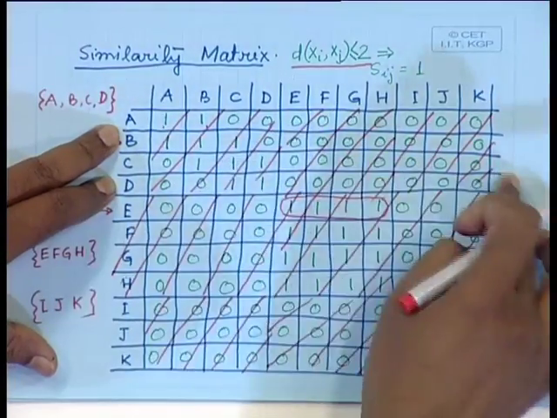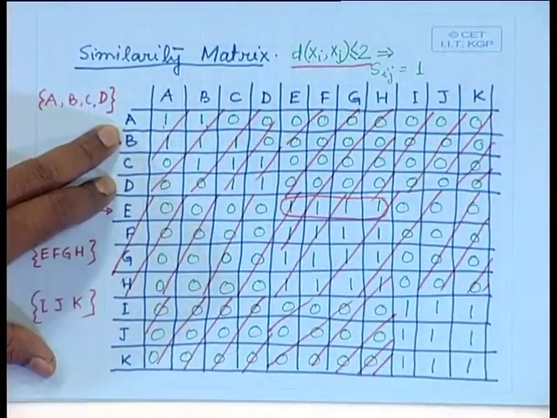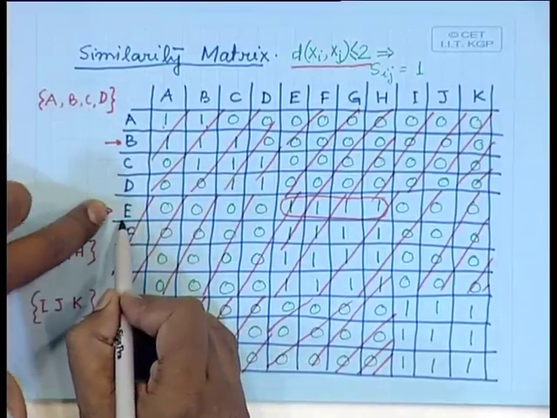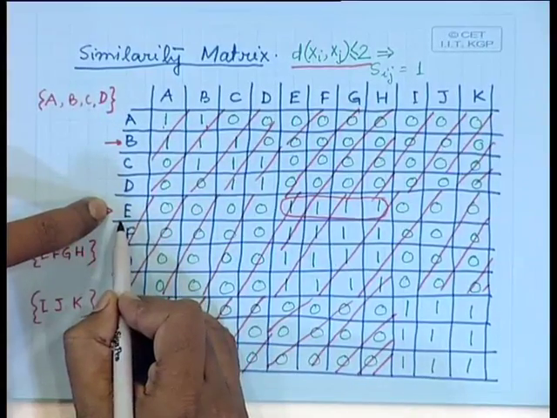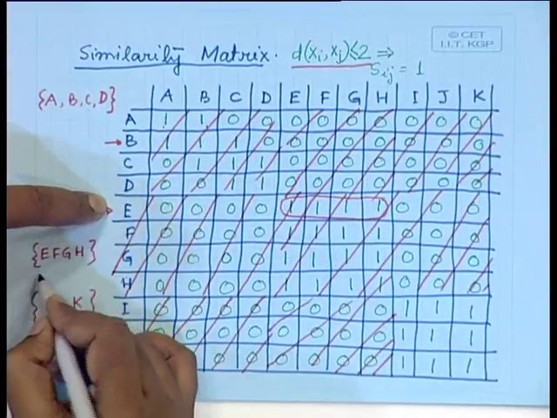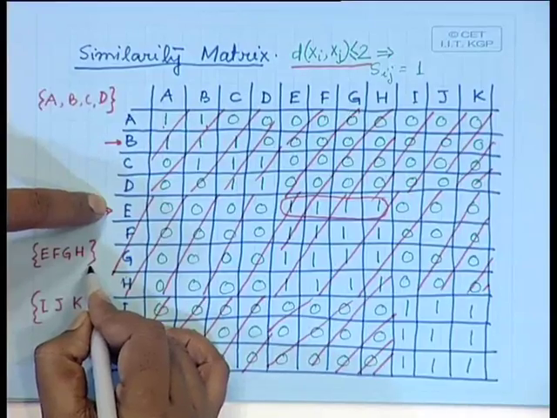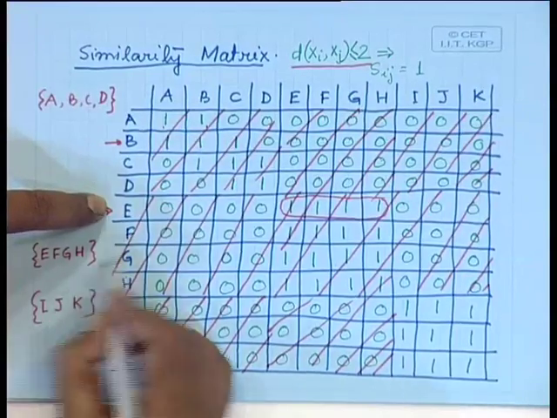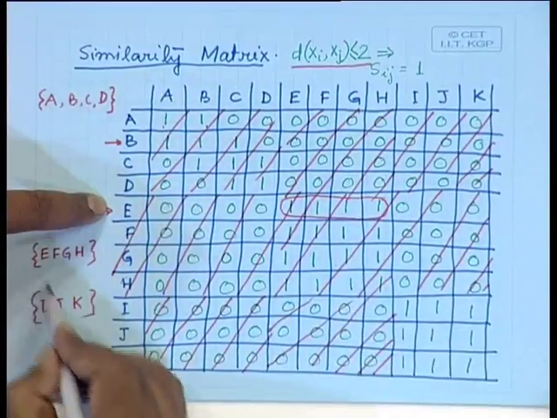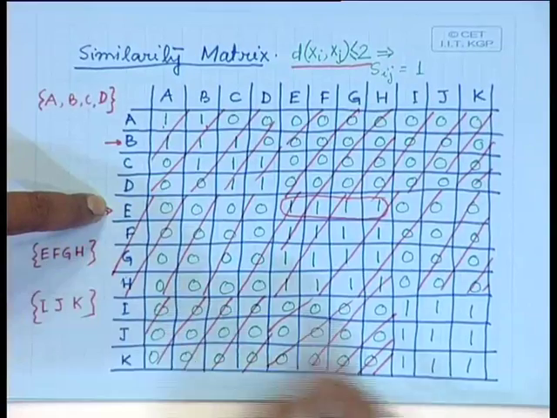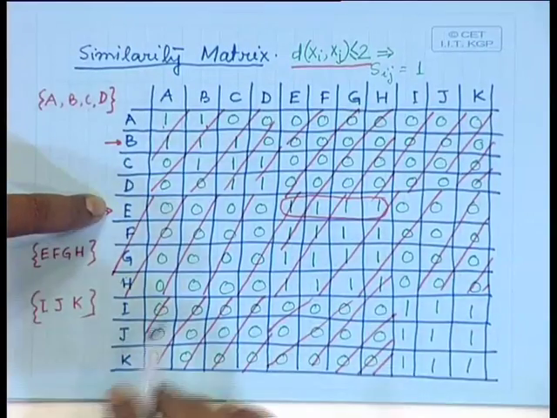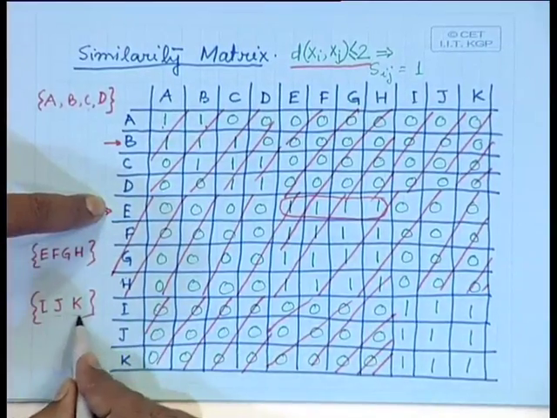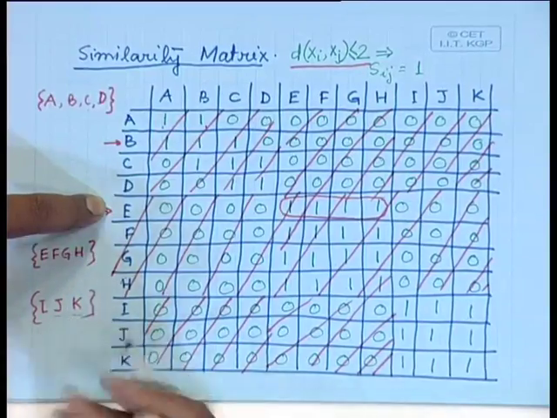You remove the rows corresponding to the feature vectors A, B, C and D, next you come to point E. Following this, this is the cluster that I can form. I cannot form any other cluster. Remove all the rows and columns corresponding to E, F, G and H, and what will be left out is only this. These remaining 3 points I, J and K form another cluster.